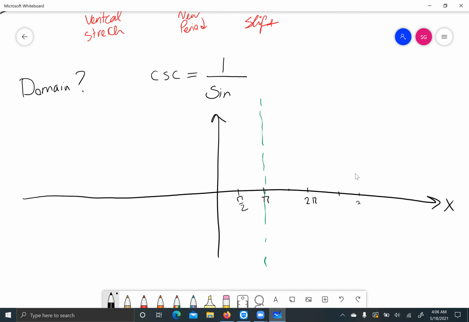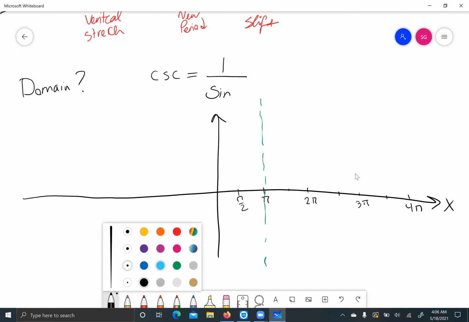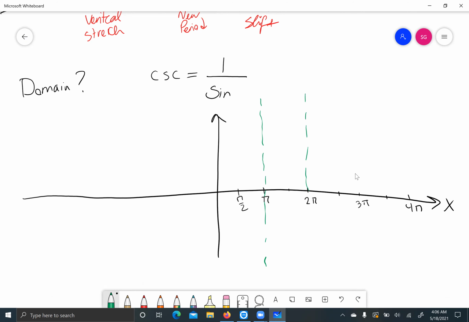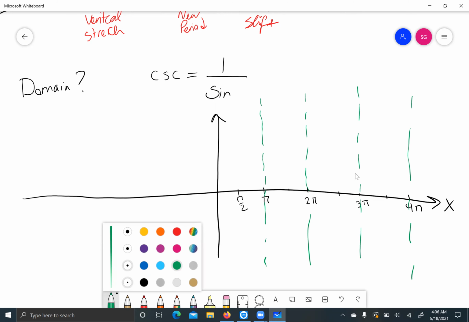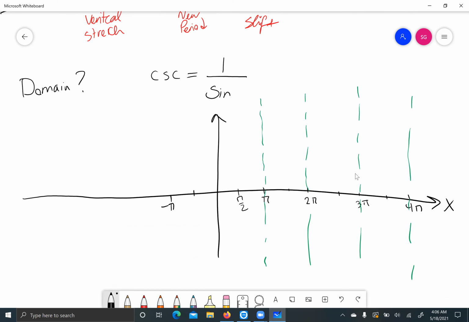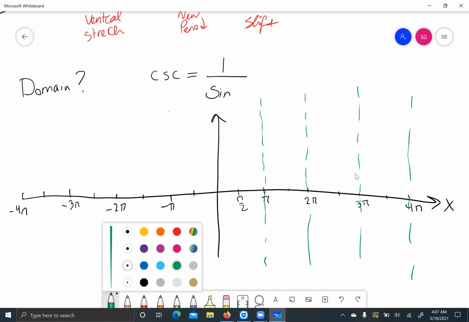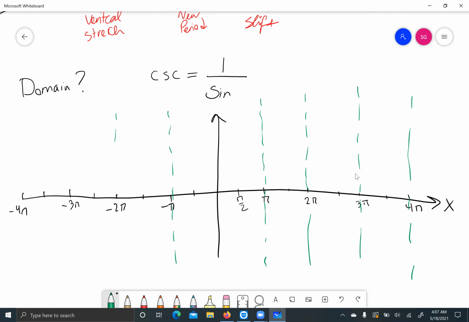Then 3 pi, 4 pi, and the same thing on the negative side: negative pi, negative 2 pi, negative 3 pi, negative 4 pi, and so on. So these are the vertical asymptotes for cosecant.